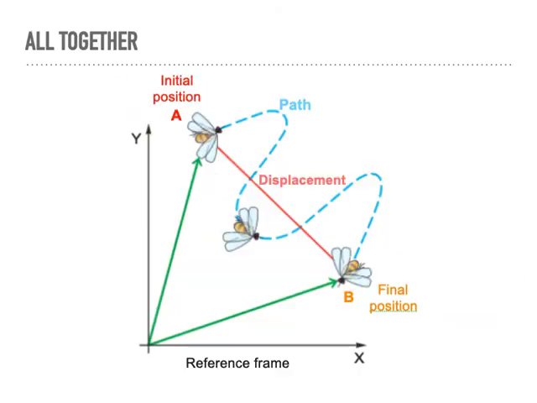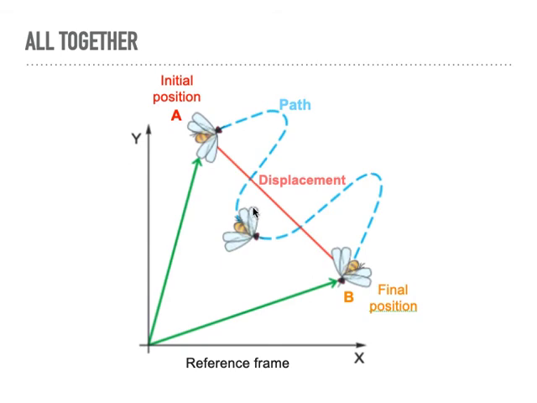So as a summary, here we have the initial position, that's where the fly starts, and it goes up to the final position, doing some strange movement. That's the path, the trajectory it follows, from the initial position to the final position, and it's the real movement. That's the path.